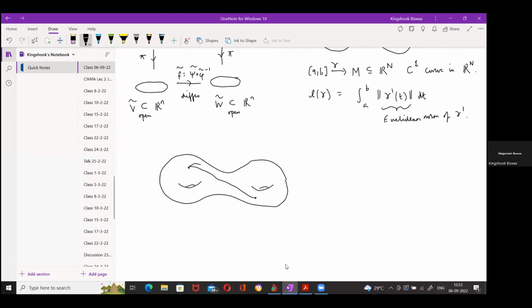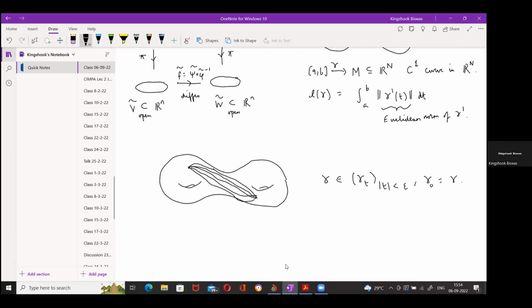That means one parameter families of curves which contain gamma, something like this. I can consider a one parameter family of curves gamma t, so that gamma naught is equal to gamma.